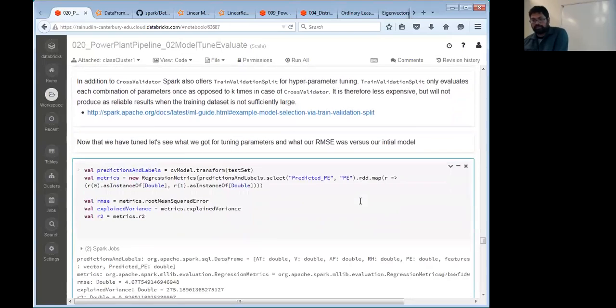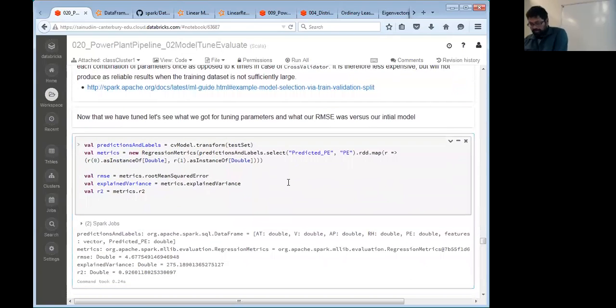So if you want to do that, you can chase that there. And here's our... so now we've tuned, so let's see how good the tuning parameter is, and what our RMSE was for our initial model.